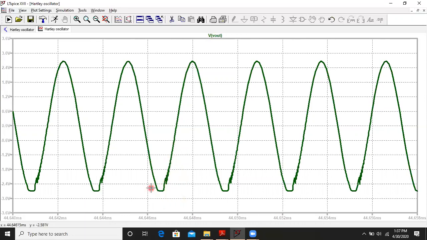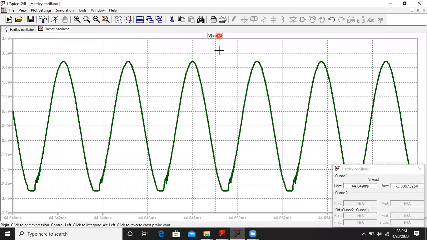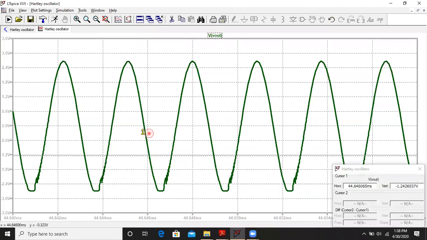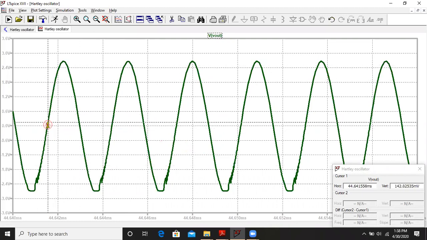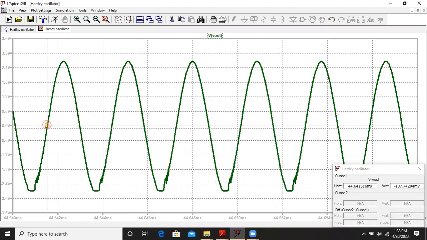But nevertheless, let us check the frequency of oscillations. To check the frequency of oscillations, I'll right click on this cursor and I'll place the pointer over here, first cursor over here at around 0 volts or close to 0 volts.